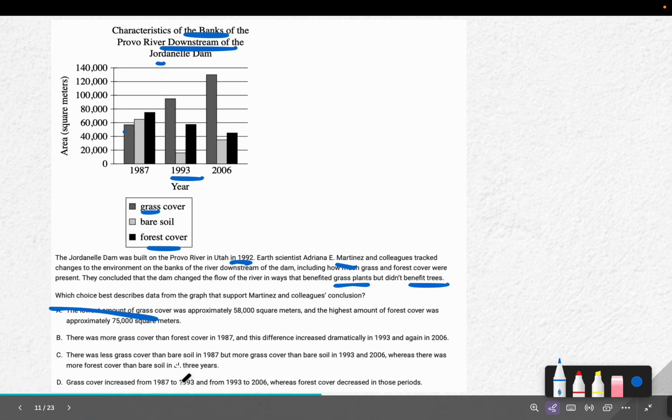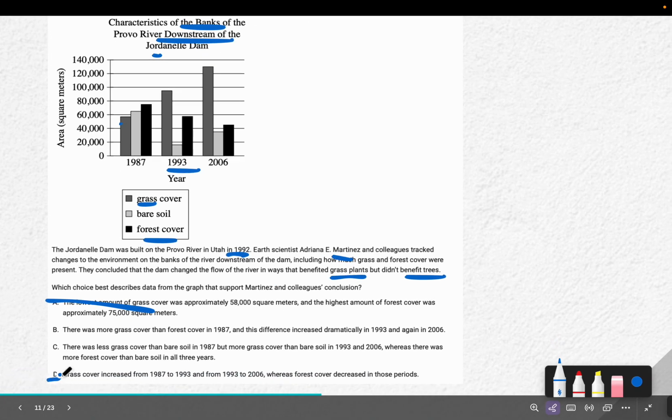So basically, the right answer is D because it has the most meaning: grass cover increased from 1987 to 1993 and 1993 to 2006, whereas forest cover decreased in these periods.